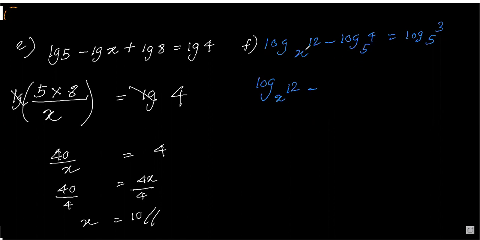Here should be 5. This also 5. Simplify. 12 divided by... we had to find the x, right?